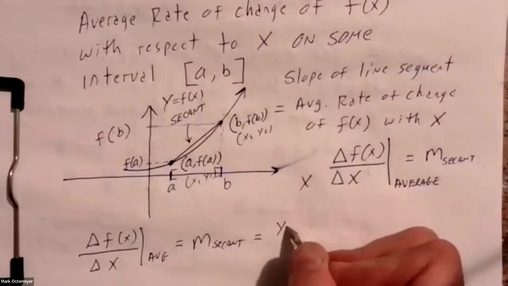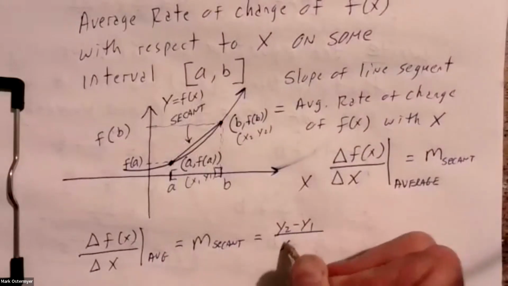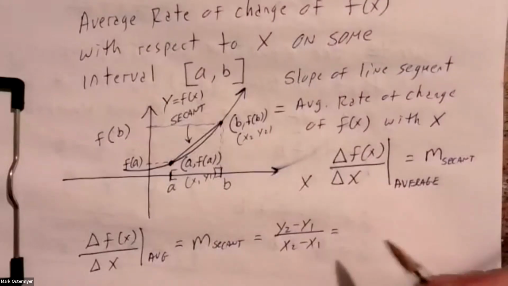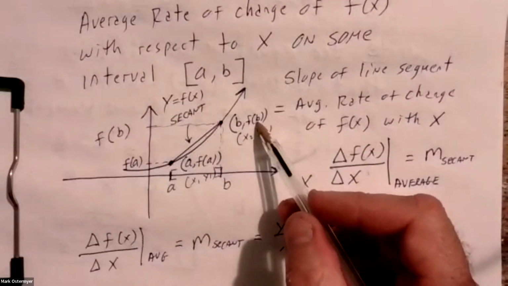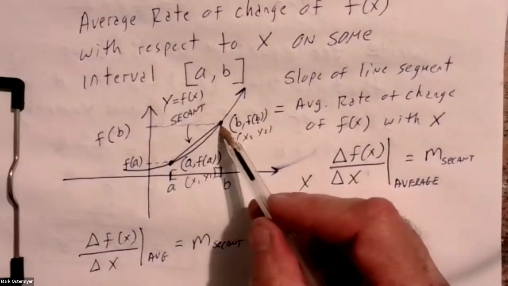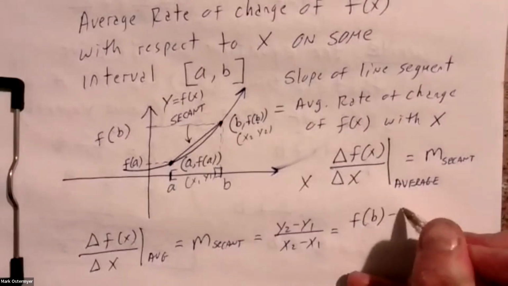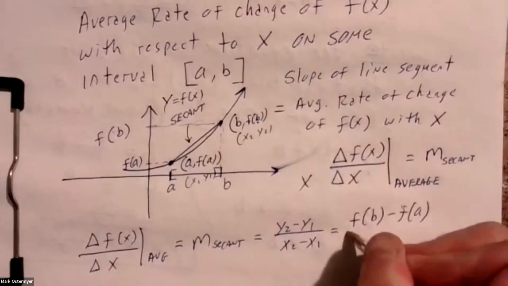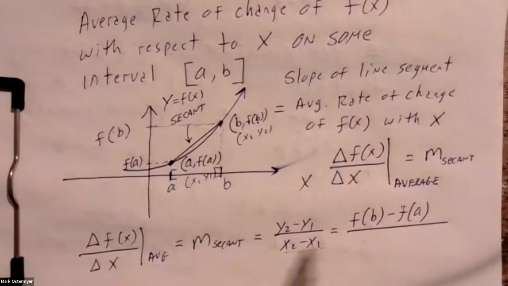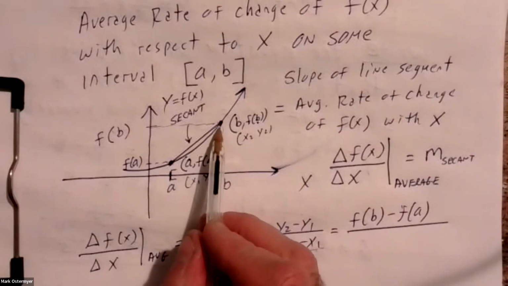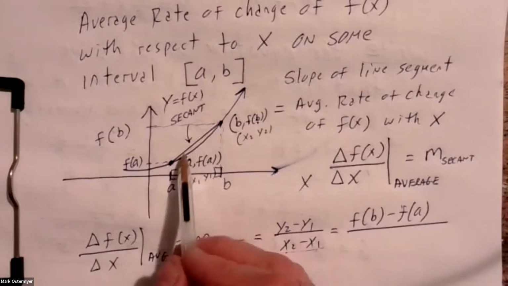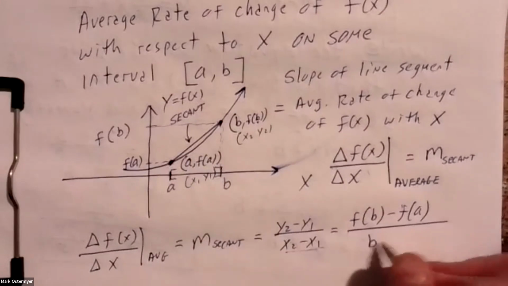Therefore, the slope is y2 minus y1 over x2 minus x1. Therefore, the slope is going to be the change in the y coordinates between this point and this point, which is going to be f of b, subtract f of a, divided by the change in x, which is to say b minus a.